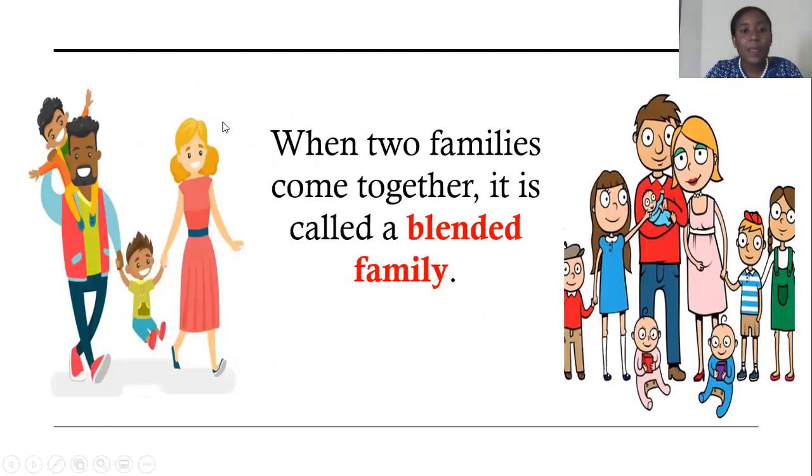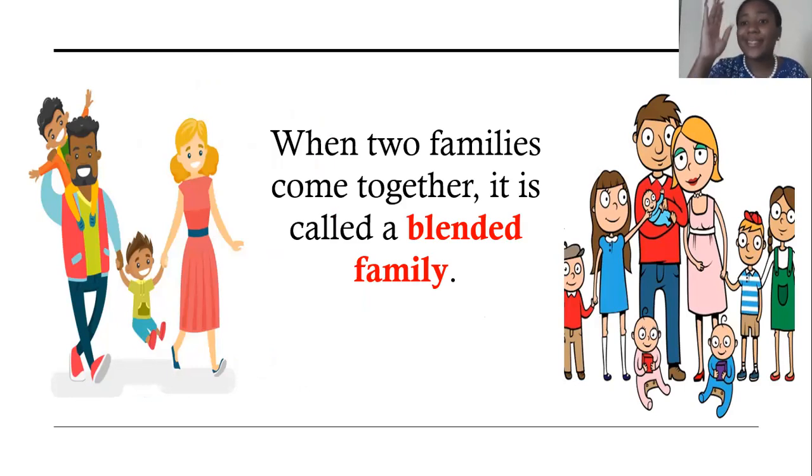All right. So now we're going to look at this unique family. And we have different pictures to show you that they have the same label. And this one's a unique family because when two families come together, it gives them a new name. And not only any type of family.